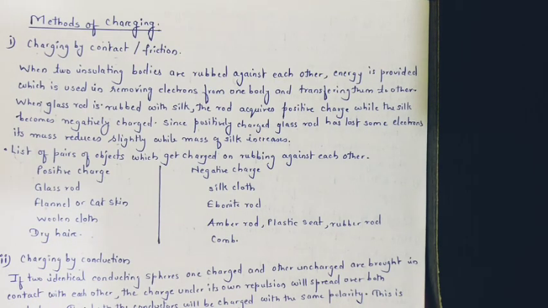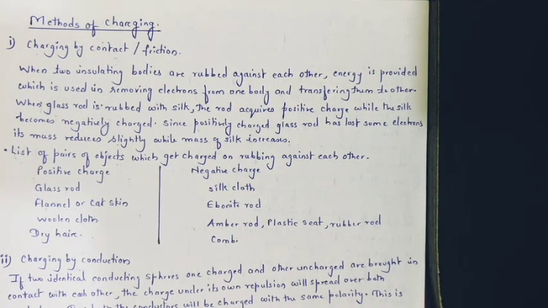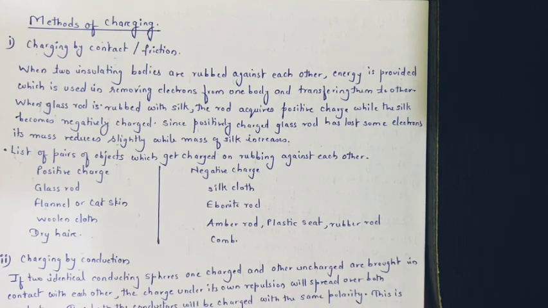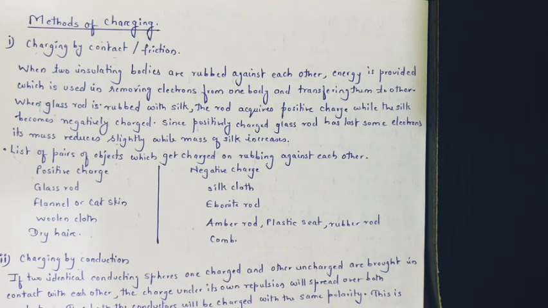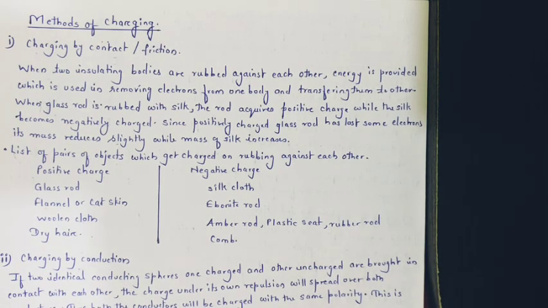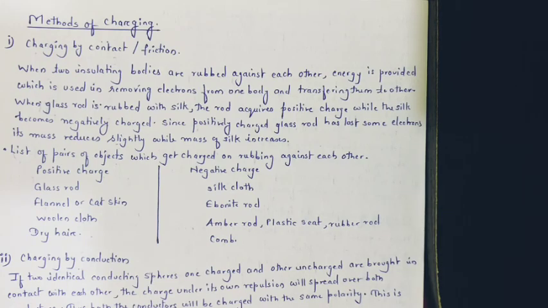Under which, the first method we have is charging by contact or friction. As the name suggests, you get two bodies in contact with each other and they get charged. In the first lecture we saw an experiment with a glass rod and a silk cloth.